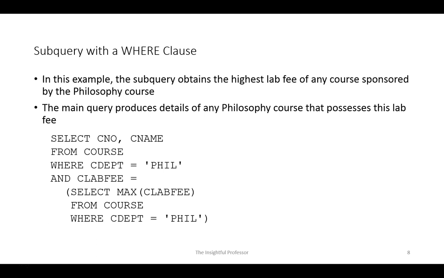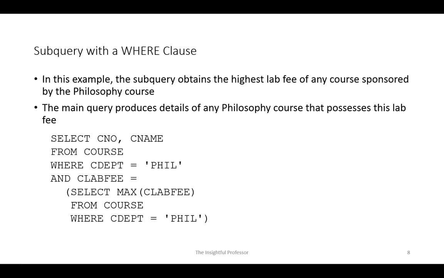So we are selecting philosophy department courses that have the lab fee equal to the highest lab fee of any philosophy department course. So the main query contains additional search conditions, in addition to what we see relating it to the subquery.